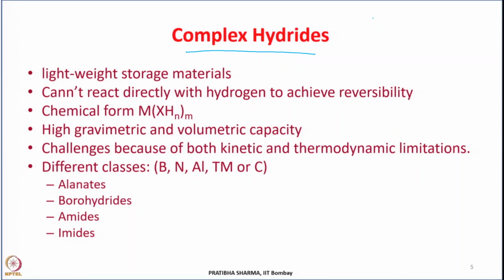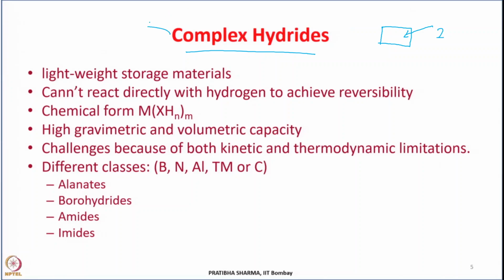More storage. That means high gravimetric and high volumetric capacity. Percentage weight of hydrogen, we can get more hydrogen. For the metal hydride, suppose 1 kg of metal, 2 kg of hydrogen can be stored. This is metal hydride.